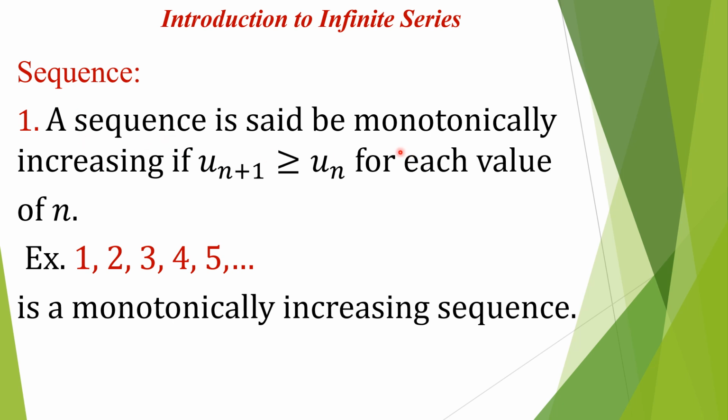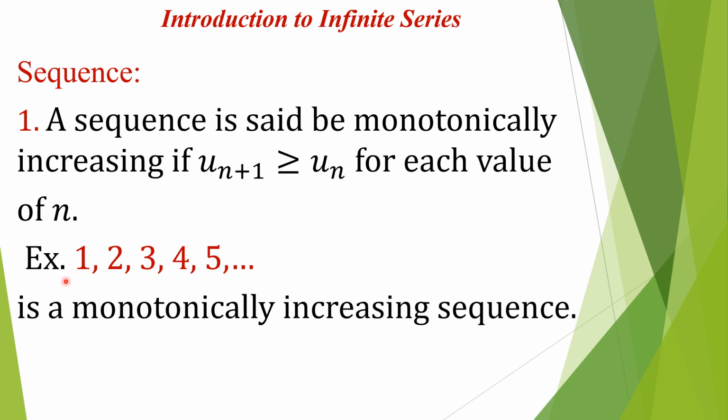One definition under the sequence, monotonically increasing. So we'll say that a sequence is said to be monotonically increasing if un+1 is greater than or equal to un for each value of n. So this condition says that every next number is greater than or equal to the previous number.